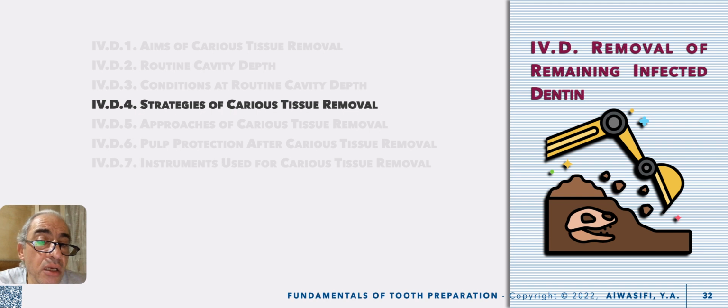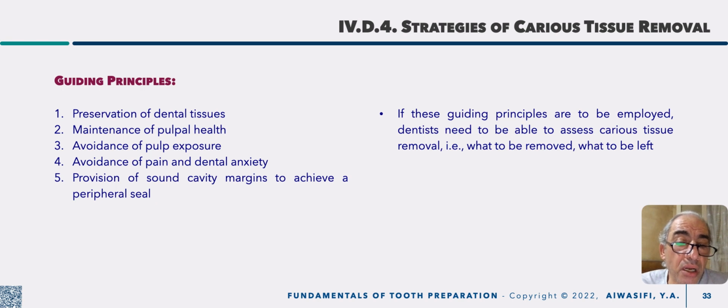That's why we should determine the strategy of carious tissue removal. Again, remember our guiding principles. You need to preserve dental tissues which are able to remineralize. The unremineralizable or unrepairable tissues should be removed. Maintain the pulp health, avoid pulp exposure, avoid pain and dental anxiety, and provide sound cavity margins to achieve proper sealing.